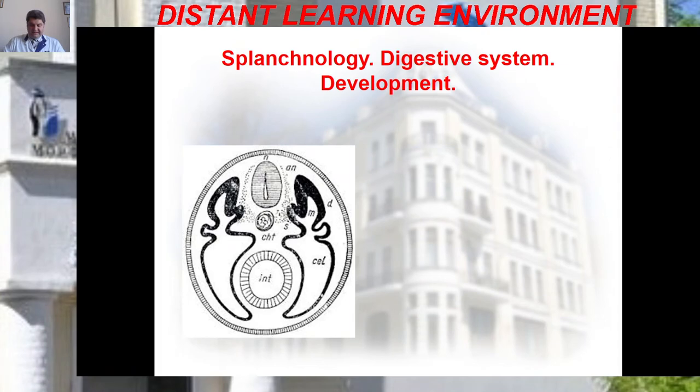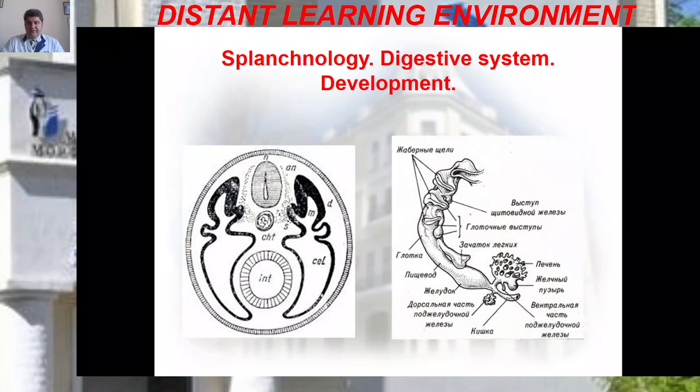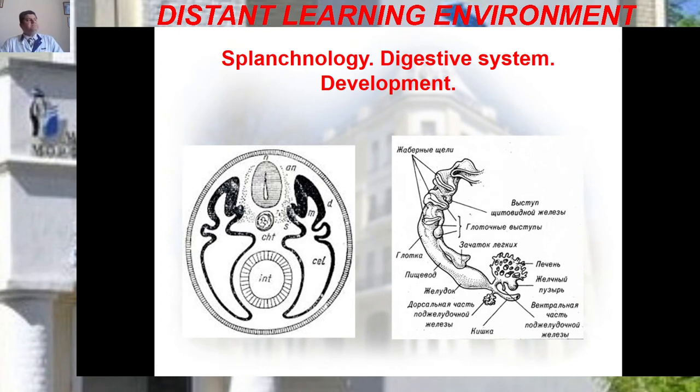The digestive system forms from the intestinal tube, and you may see this intestinal tube here, and it develops from endoderm.